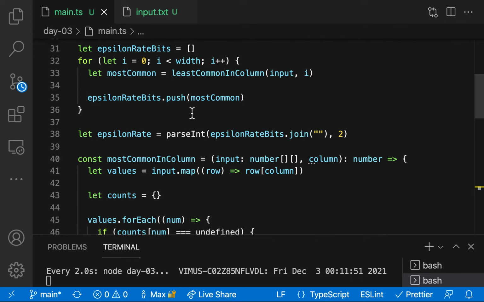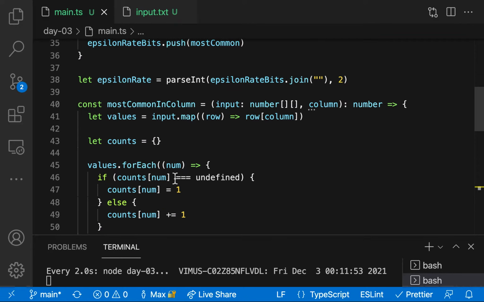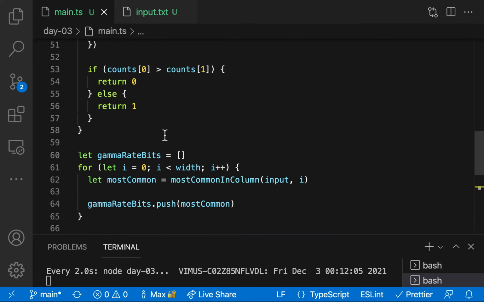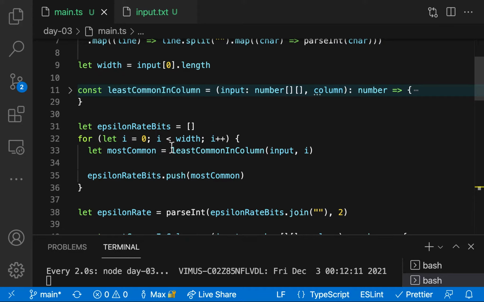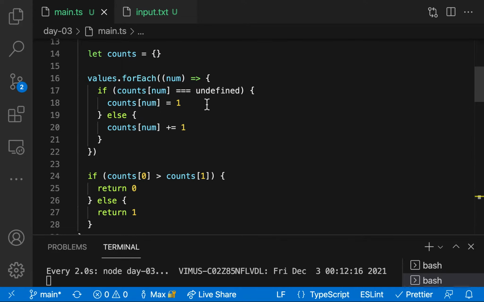So all that's really left to do is, let's see what we've got down here. 44 is not correct because we need to update one of these functions. Got to make sure we get the right one. Maybe it doesn't actually matter that much. Right, so least common.